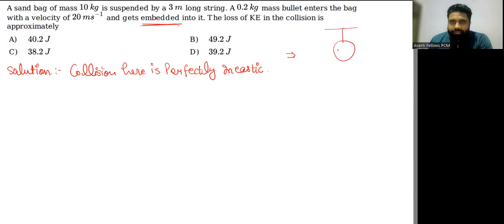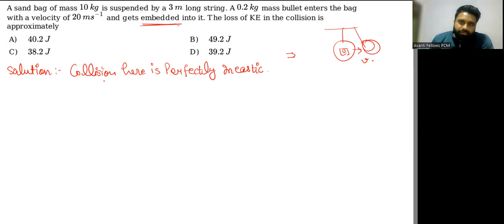This is the sandbag, and it's just embedded into it, and it will move with a certain velocity v. So in the collision, the momentum is always conserved. We can conserve the momentum. But since this is an inelastic collision, the kinetic energy, or you can say the total energy, is not conserved. So that is why the loss has been asked.